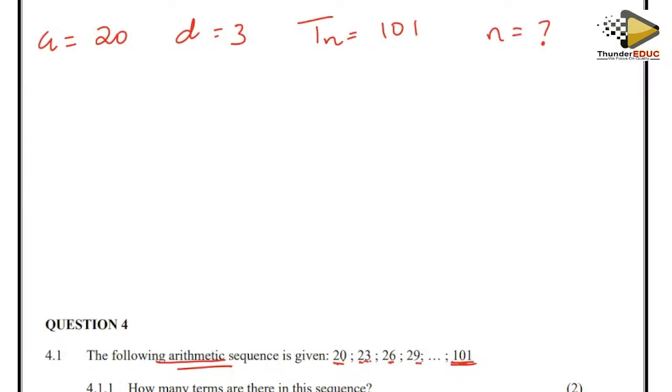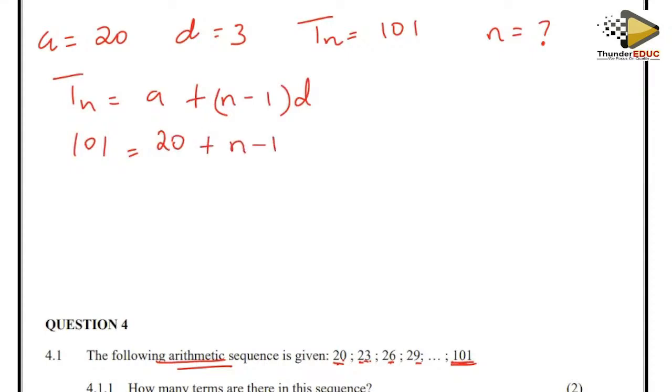Okay. So from the general term, we have to say a plus n minus 1 into d. Where there's Tn, I'll have my 101, my a is 20, plus the n, which I don't know, minus 1, and then I'm multiplying it by 3. Then whatever is left is just general algebra. So open this up, I'll have 101 is equal to 20 plus 3n minus 3.